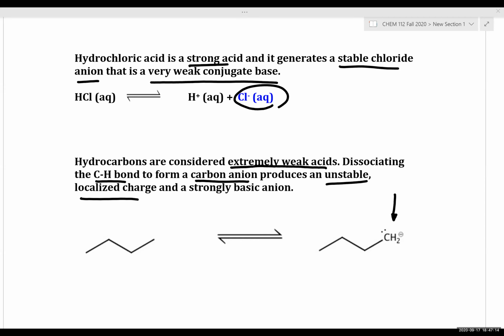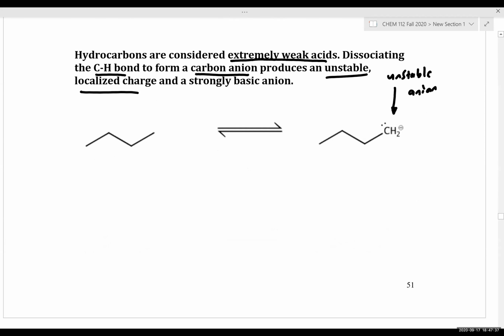No, so it's a relatively unstable anion. And because this charge isn't stabilized, we have a highly basic anion that we're dealing with. Does this make sense to everyone so far? Okay, perfect.